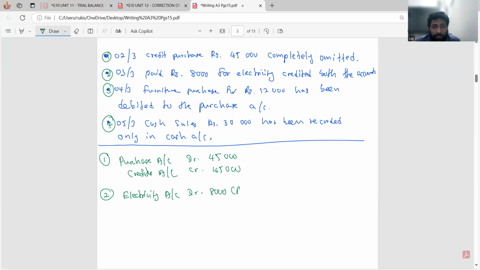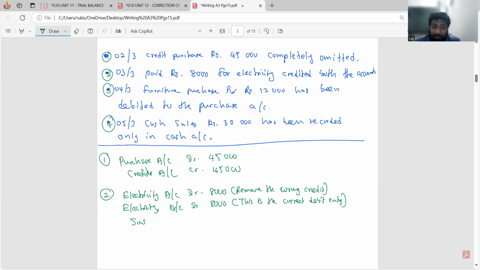So this is to remove the wrong credit. And again, the other 8,000 we have to put. Electricity account, debit 8,000. This is the correct debit entry. So in total debited 16,000.